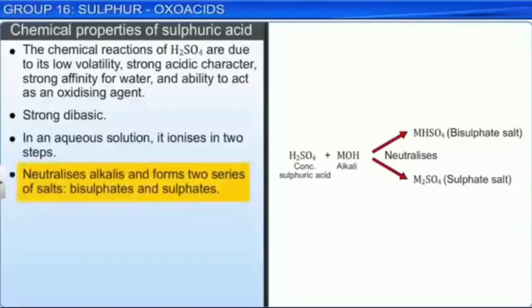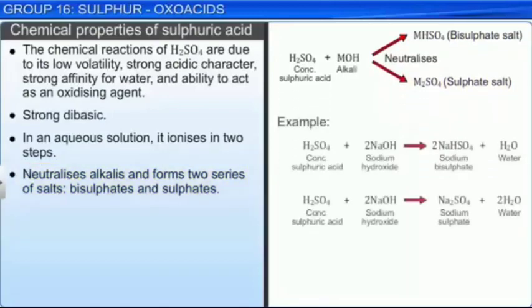The acid neutralizes alkalis and forms two series of salts, bisulfates and sulfates. For example, concentrated sulfuric acid reacts with sodium hydroxide and forms sodium bisulfate and sodium sulfate, as shown in the equations here.